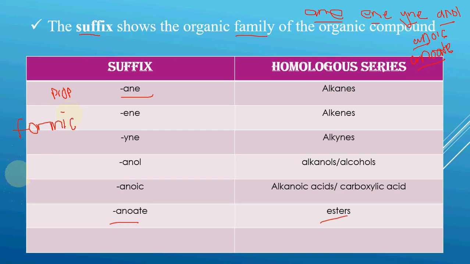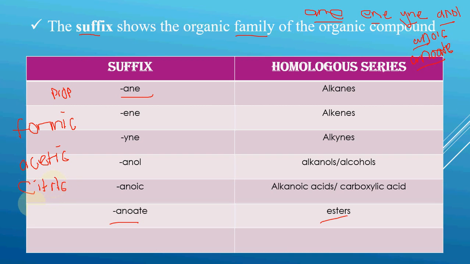When I ask someone to write the formula for acetic acid, this is the acid that we are always interacting with in the kitchen because it is found in vinegar. Can someone write? If I ask someone to write the formula for citric acid, can someone write? And this citric acid is the acid that we are always interacting with when we encounter lemon juice.